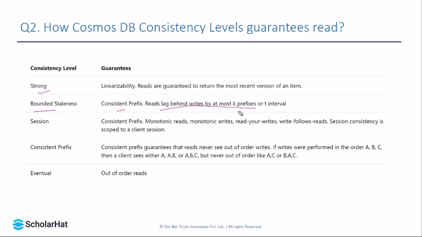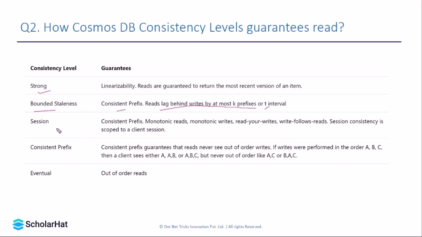Hypothetically, we can assume that with bounded staleness, data in region 1 would be replicated into region 2 at a consistent interval of 3 seconds, which means data from region 1 will be updated in region 2 after 3 seconds. This is called bounded staleness.